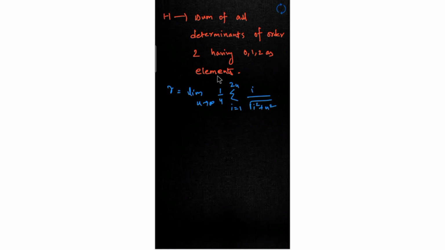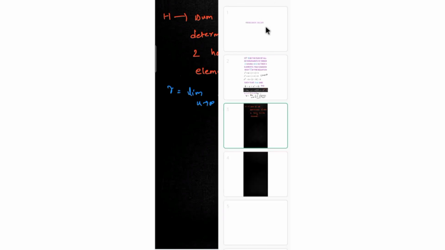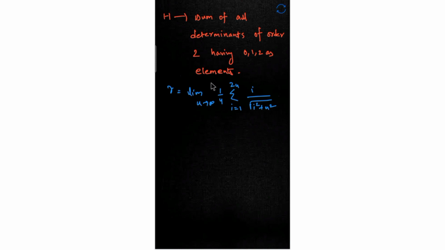So you can just convert this series into a definite integral. This is how you solve this equation. For that purpose, let us take u square common from here. What if I take u square?